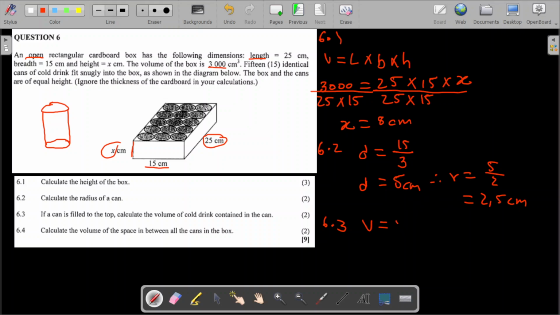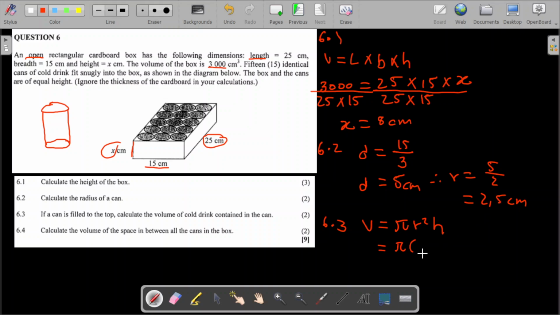The volume of a cylinder is pi r squared times height. The height of the can is the same as the box, which is x, and that was 8.